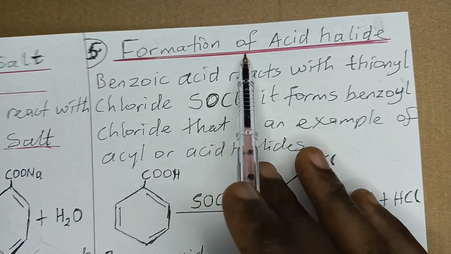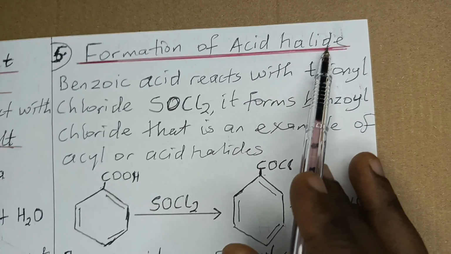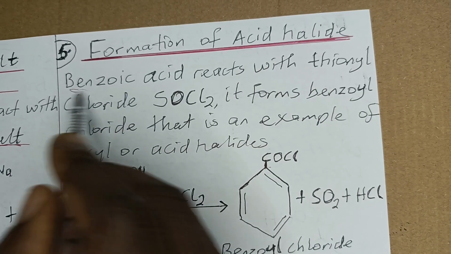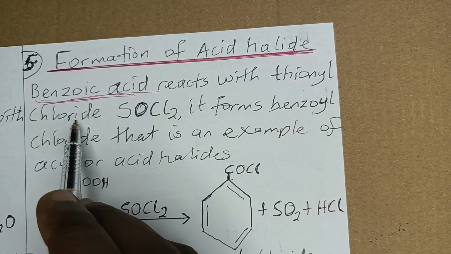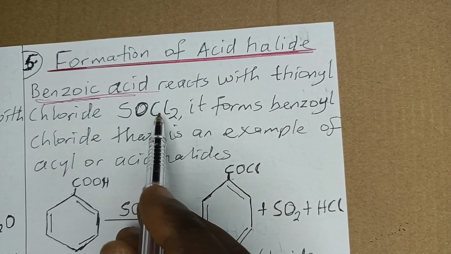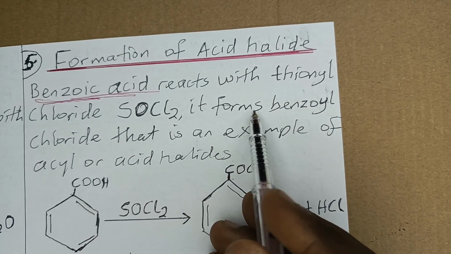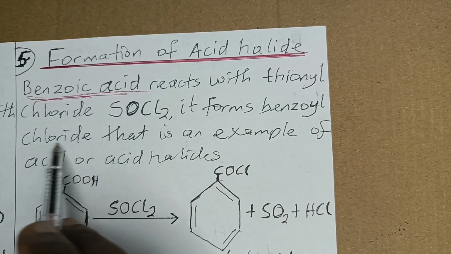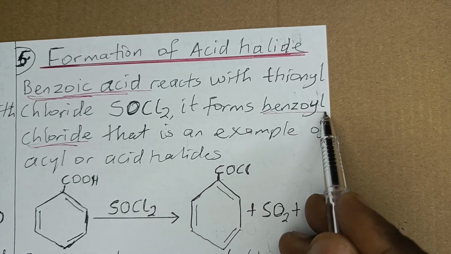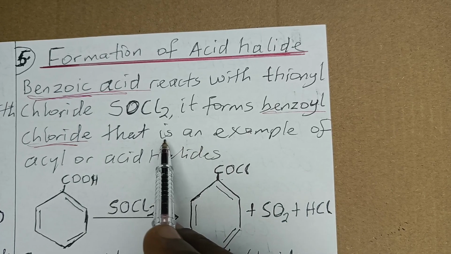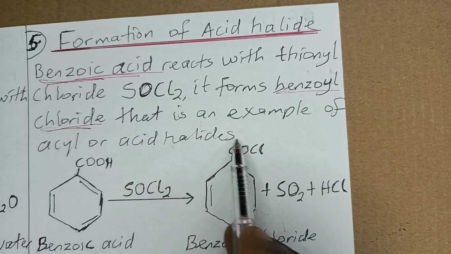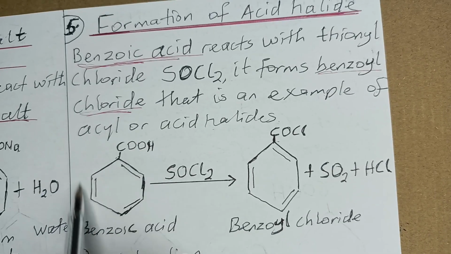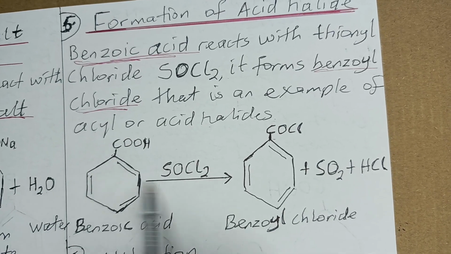The fifth one is formation of acid halide. Benzoic acid reacts with thionyl chloride, which is SOCl2. It forms benzoyl chloride. That is an example of acyl or acid halides. Okay, look at it here. This is benzoic acid.